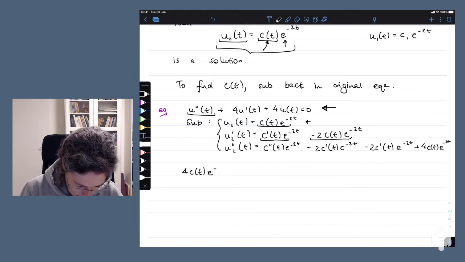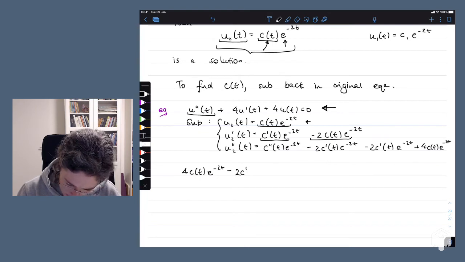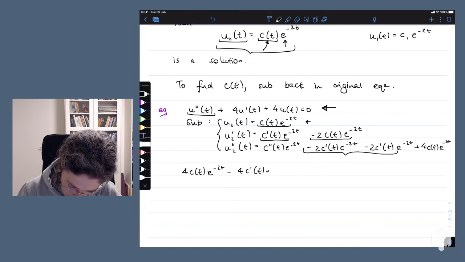In fact, we can combine these two into a minus 4c prime of t e to the minus 2t plus c double prime of t e to the minus 2t. So that's substituted in that.